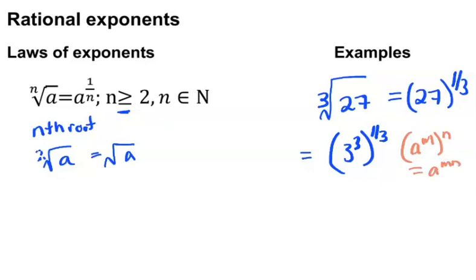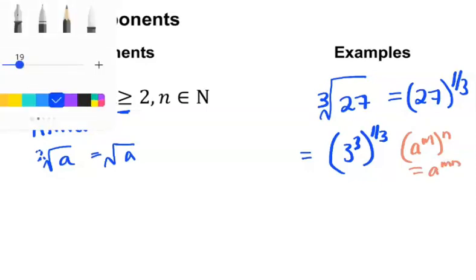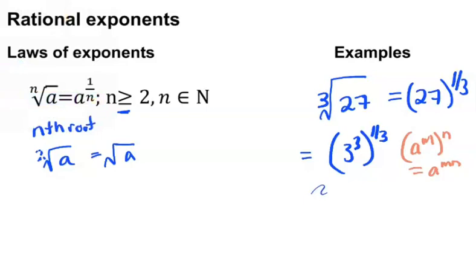So now we're going to apply that rule. And if we apply the rule, we get 3 to the power of 3 times a third, which is just 1. So that gives me an answer of 3. So it really helps us simplify some of our expressions.